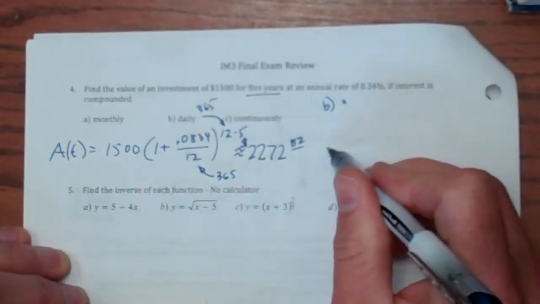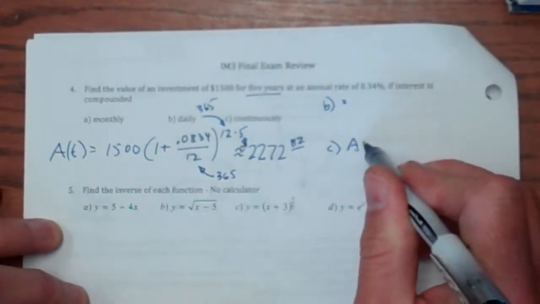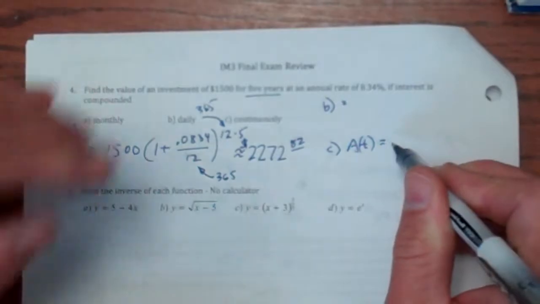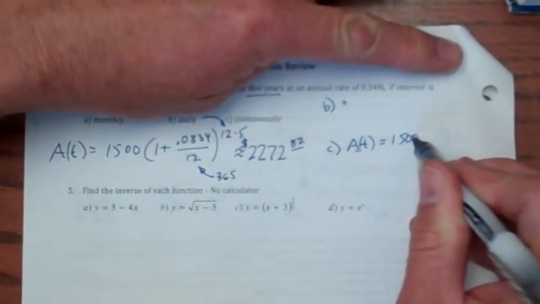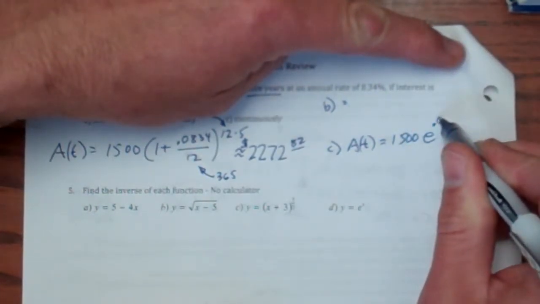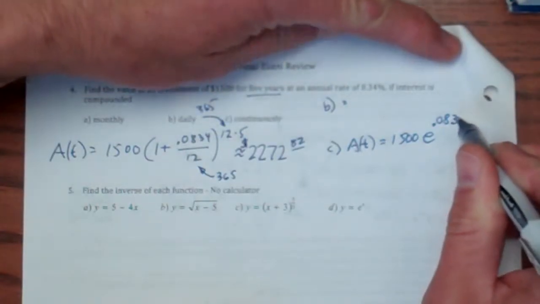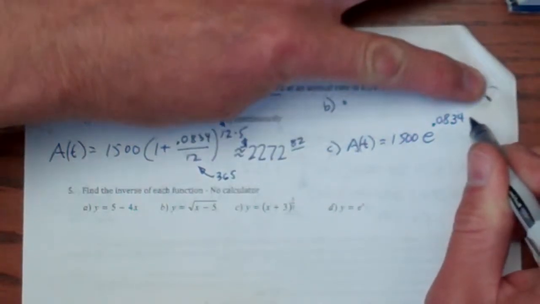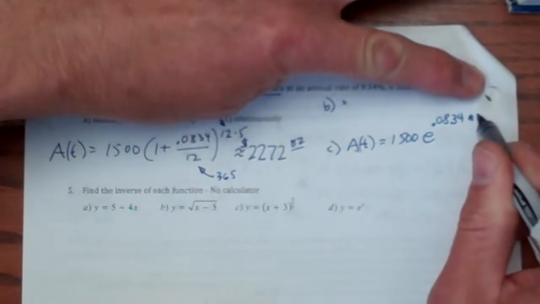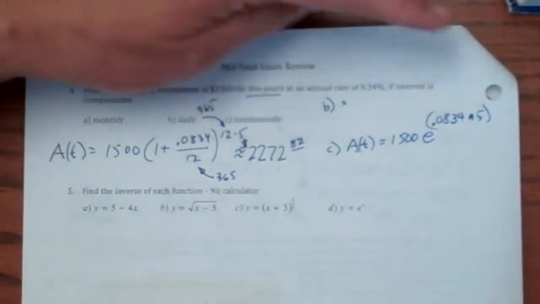And continuously, though, that is going to be the amount, varies with time according to the principal, 1500, then e to the 0.0834 times 5. I'll do times 5 like that, and again put that in parentheses.